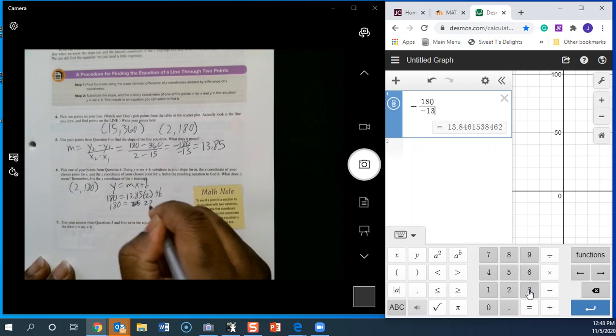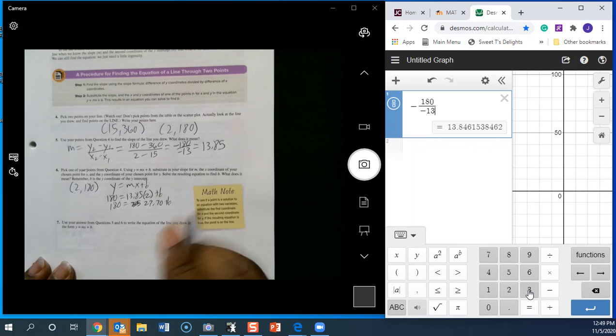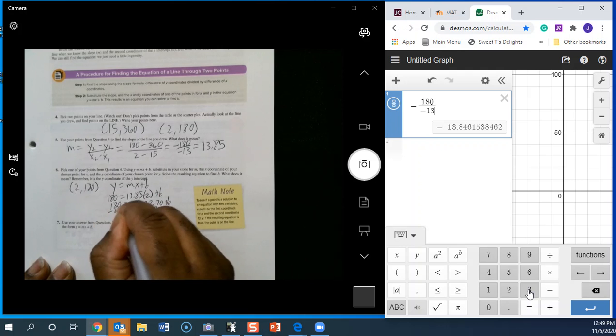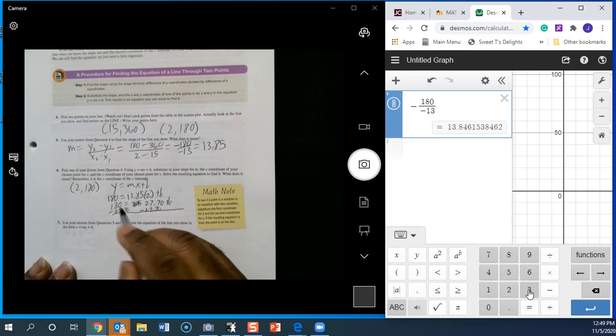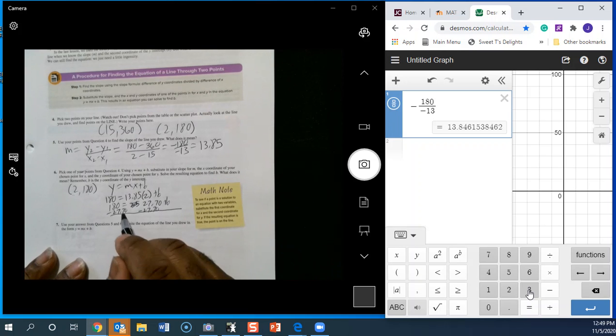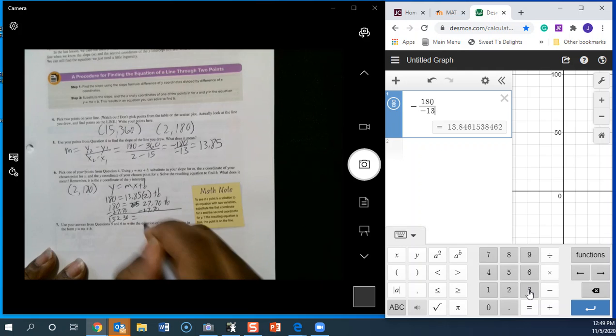That'll be 27.70 plus b. We'll subtract 27.70. So 180 minus 27.70 will give us 152.30 is equal to b.